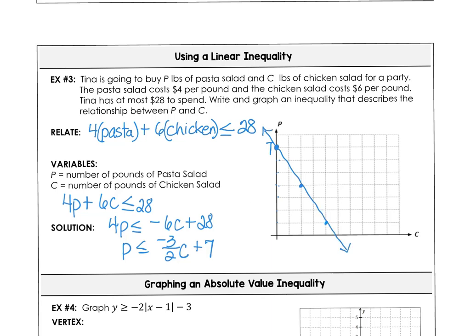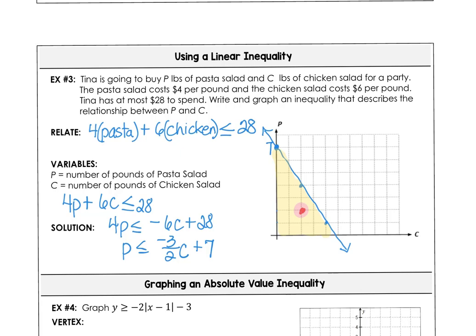So we want to be under, and under would be all the values that are less than. So this would be the section that would work for her. So any combination, and you can try anything you want to do. Let's say we tried 2, 2, or some other value that's inside this shaded region.